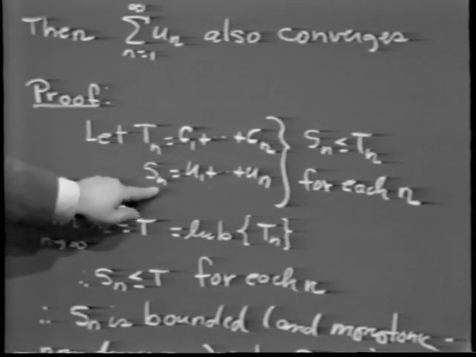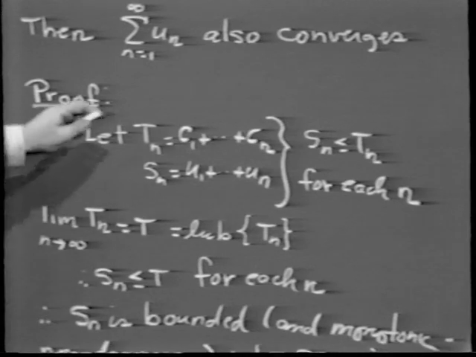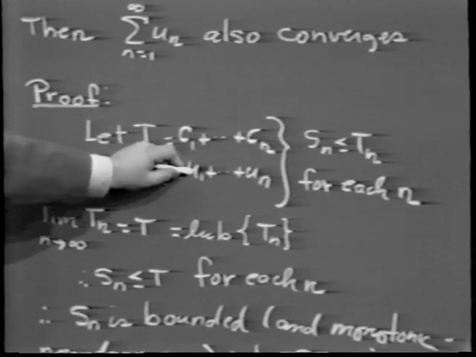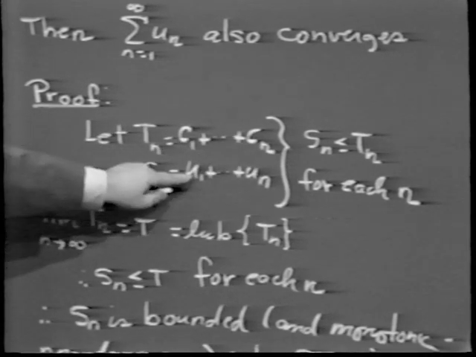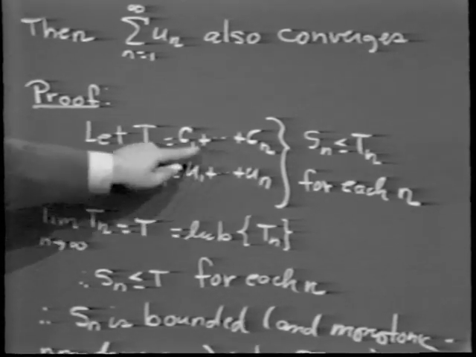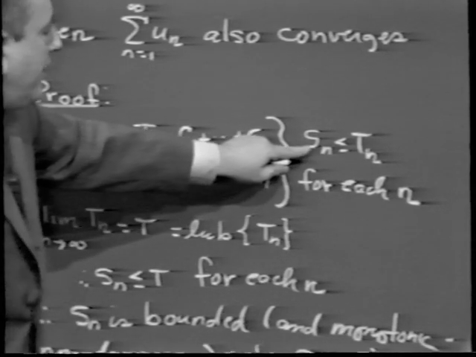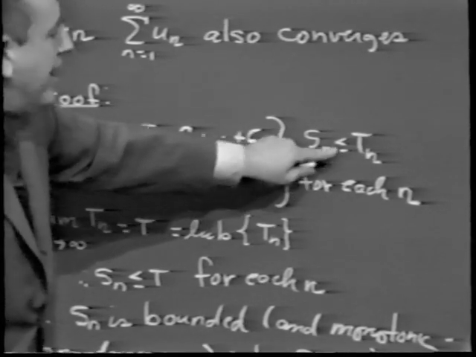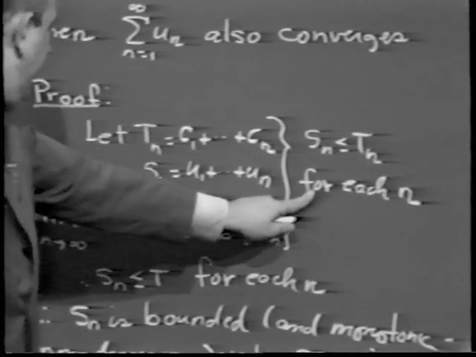In other words, let s sub n be u1 plus etc. up to u sub n. Now the idea is, we know that each of the u's in magnitude is smaller than each of the c's. Consequently, the sum of all the u's must be no greater than the sum of all the c's. In other words, the nth partial sum s sub n is less than or equal to the partial sum t sub n for each n.